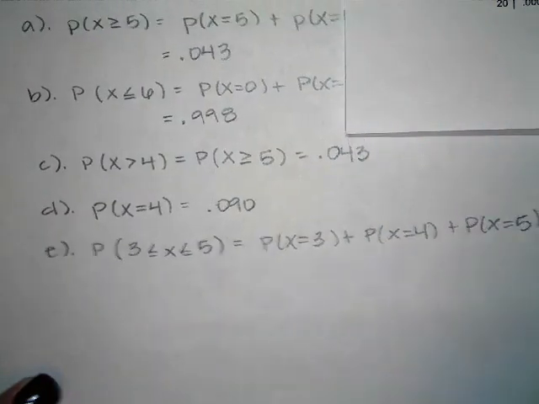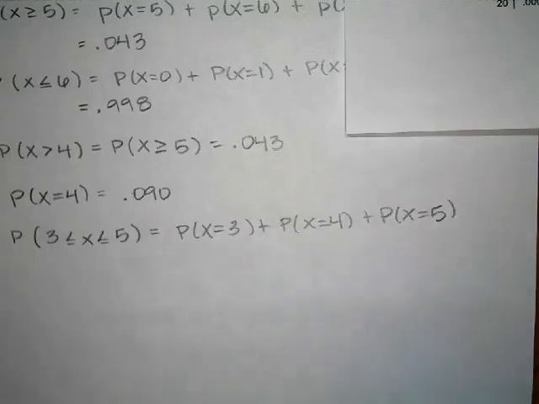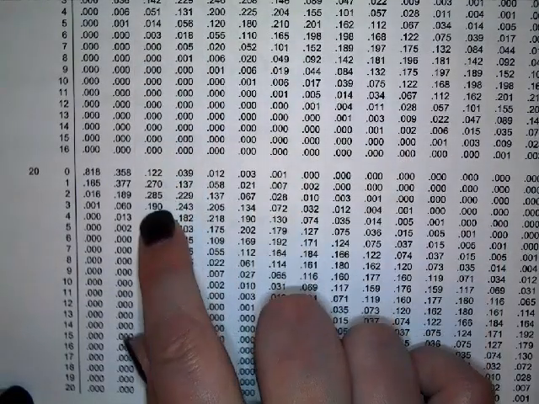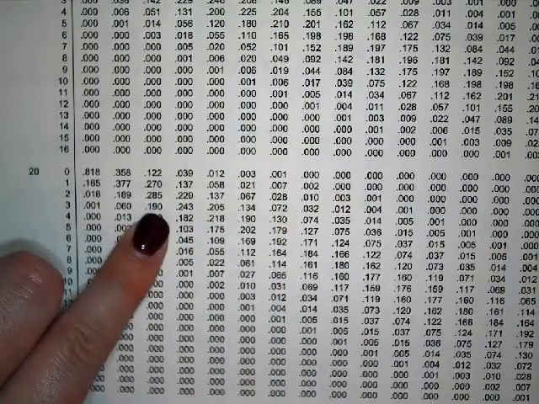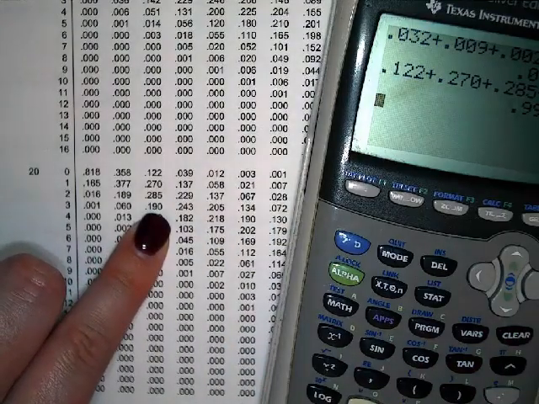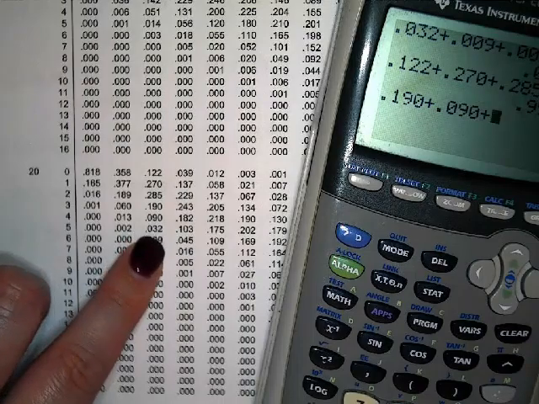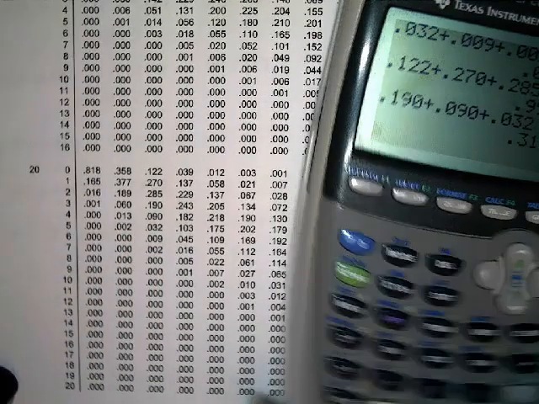That's 3, 4, or 5 out of 20 that are black. So here, 3 is 0.190, 4 is 0.090, 5 is 0.032. So that's 0.312.